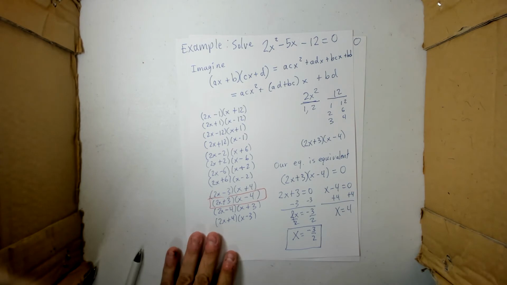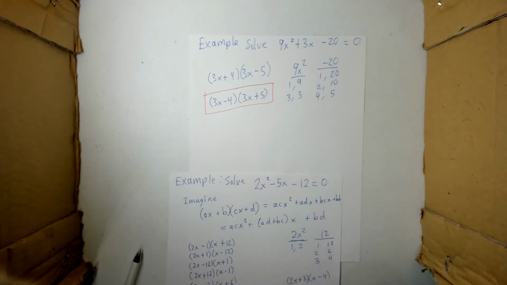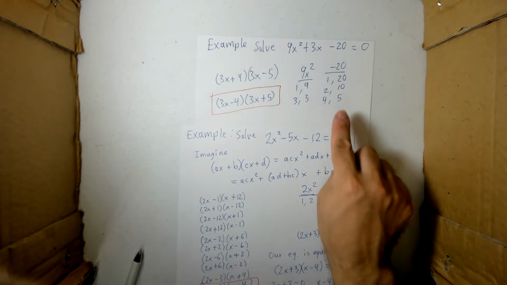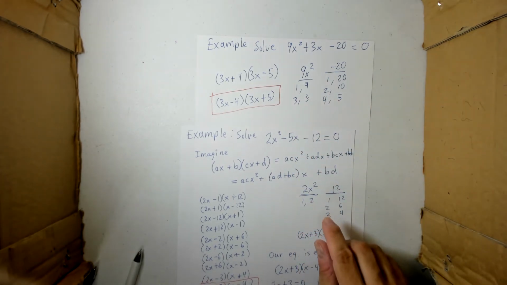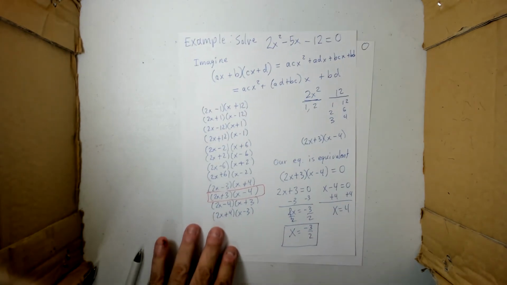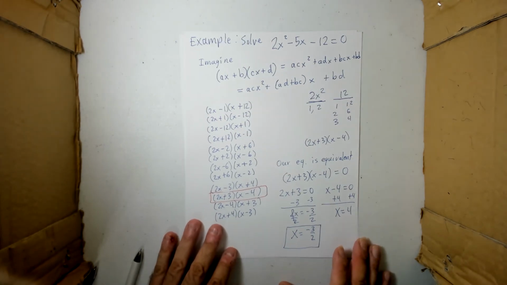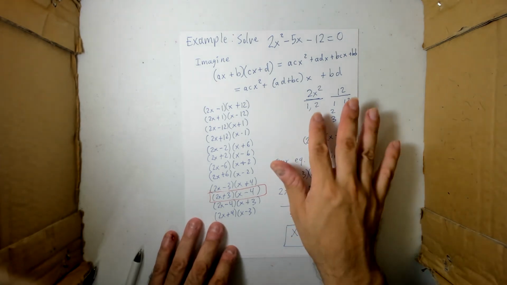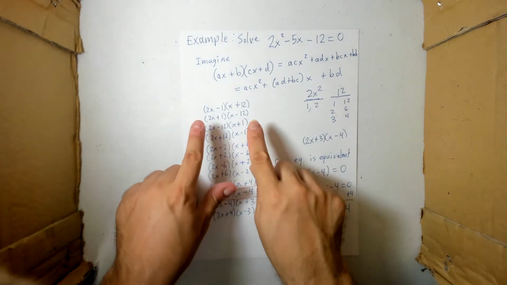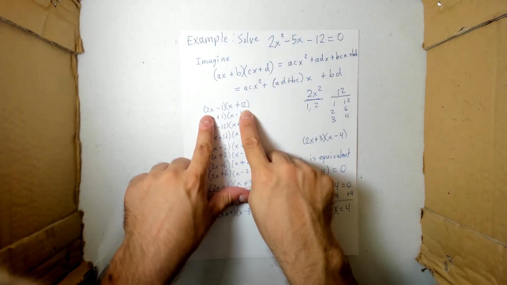But what I did in this second case is I made my tables for my constant term and for my leading coefficient. But then, instead of writing down all the possibilities like this, what I did was I tried to simulate which numbers, when multiplied, would give me close to the constant term. So for example, here in the original example, I did 2x times 12.